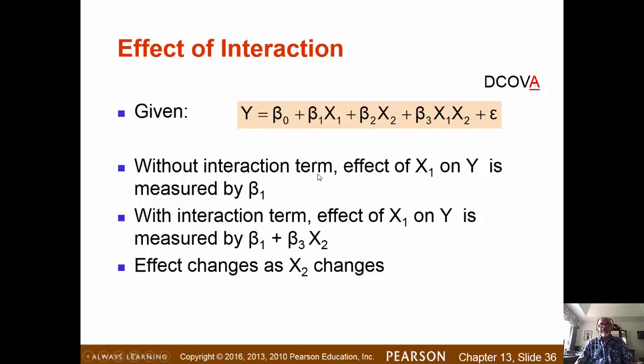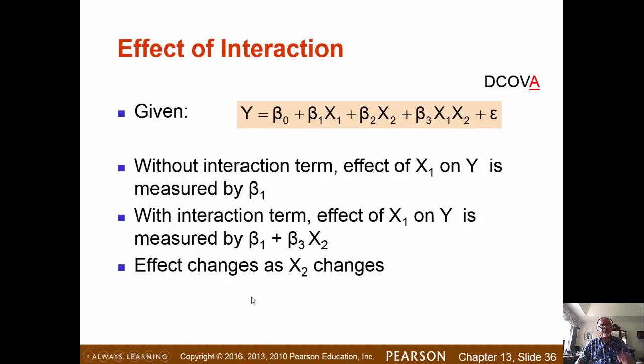So without the interaction term, the effect of x sub 1 on y is measured by beta sub 1. Now, the effect of x sub 1 on y with interaction is measured by beta sub 1 plus beta sub 3 times x sub 2.